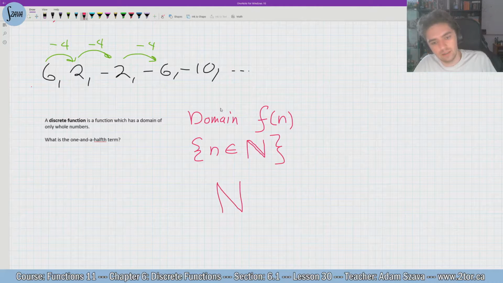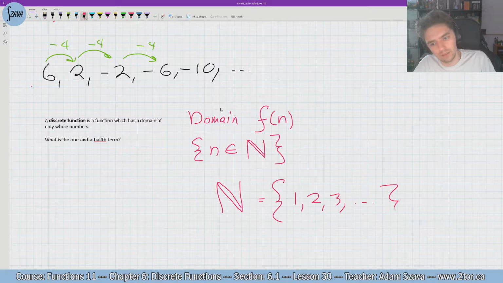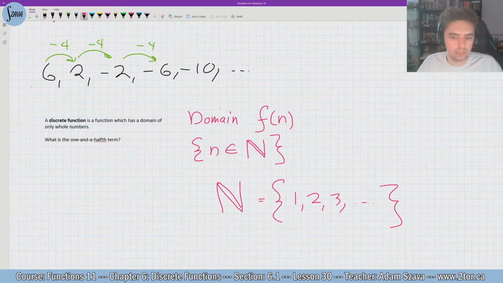I don't think I can draw it as pretty a second time. It is the set of 1, 2, 3, dot dot dot, of all these numbers. That is the set of natural numbers.